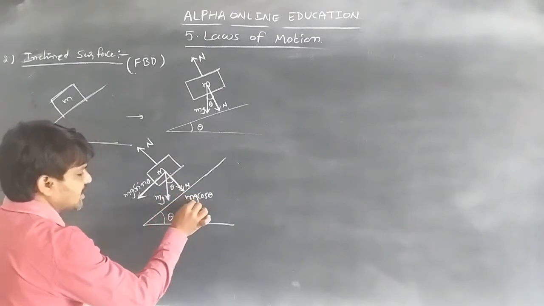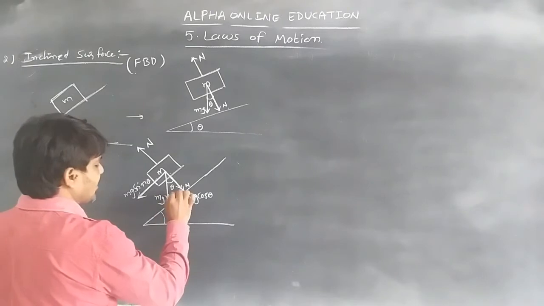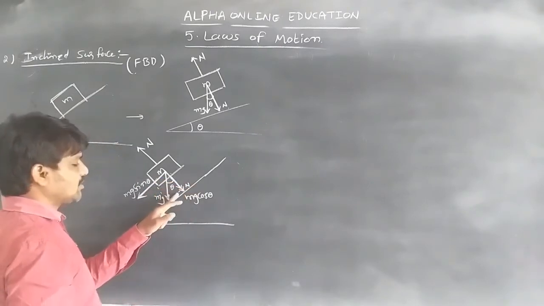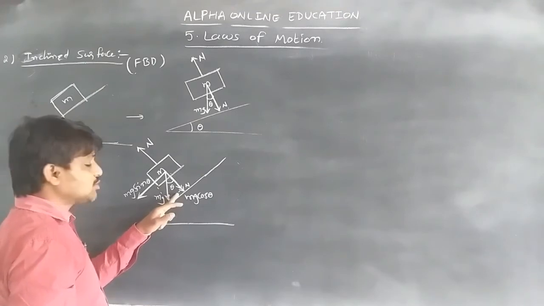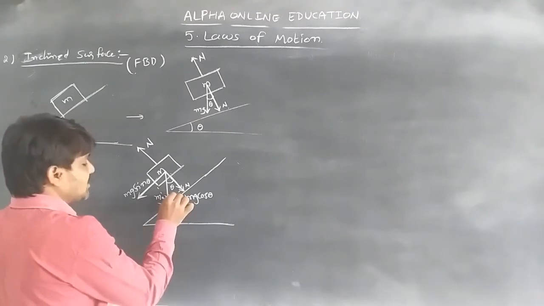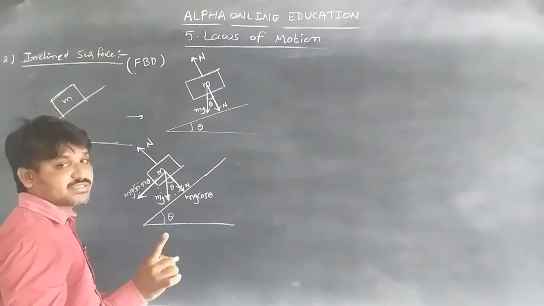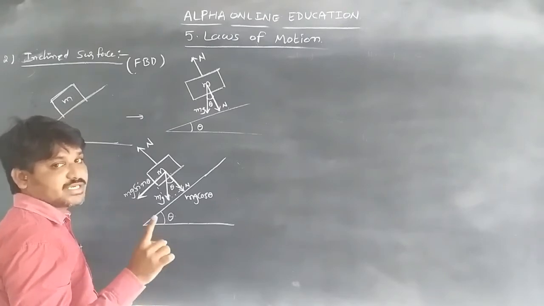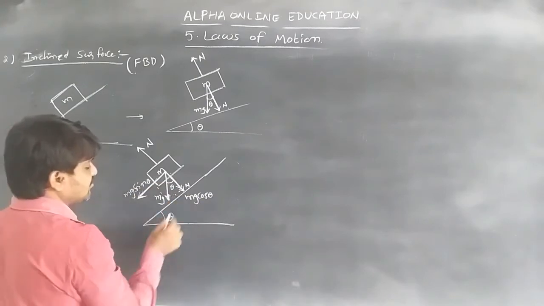For imagination, the side opposite to theta is the opposite, so opposite means sin theta. Earlier in the videos, we discussed how to divide and get the components. So this will be mg sin theta and this will be mg cos theta.